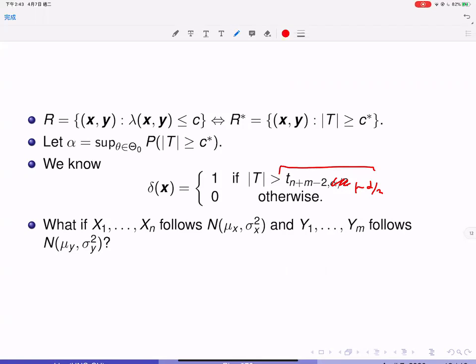So then again, what if I have mu x and mu y, and my variances are not the same? How would you do it? Actually, it's the same thing.